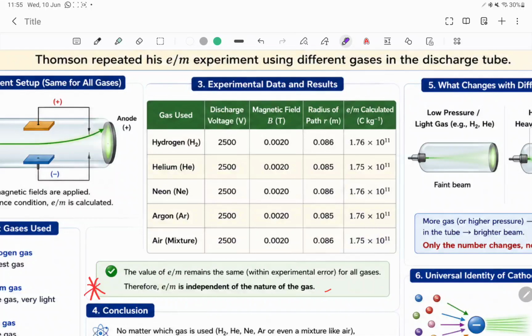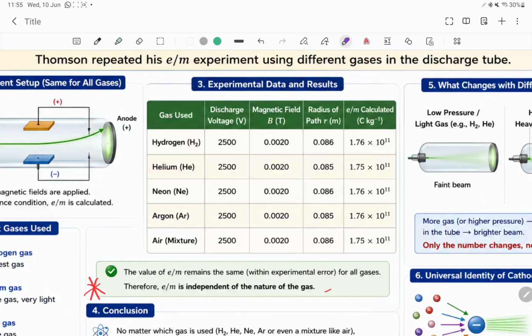Why? Now we know every atom contains the same subatomic particles. They are made up of the same fundamental particles: electrons, protons, neutrons. When you ionize it, they release electrons.